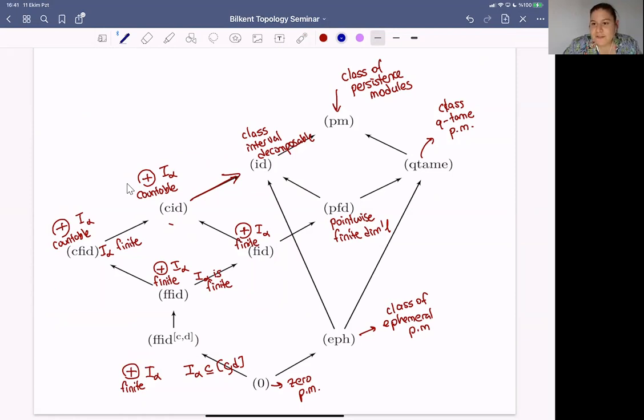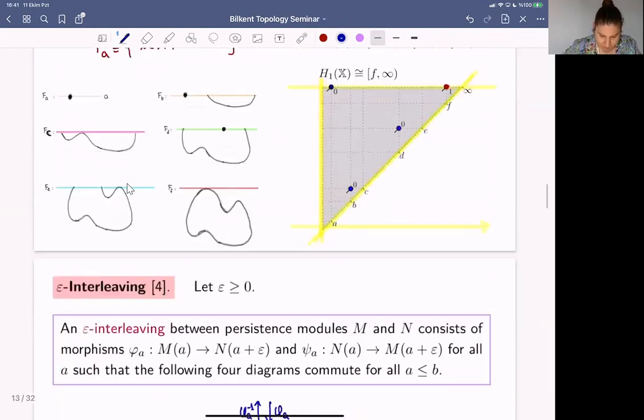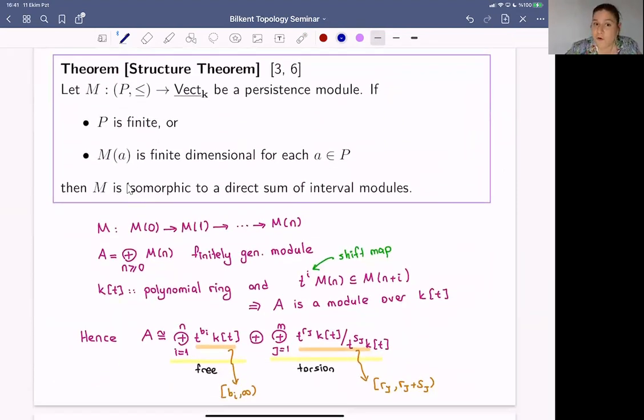So when we consider topological data analysis, let me go back to the structure theorem. When the poset category is finite or M of A is finite dimensional, which is okay, because if you work with data, then each vector space is finite dimensional, it is isomorphic to a direct sum of interval modules.